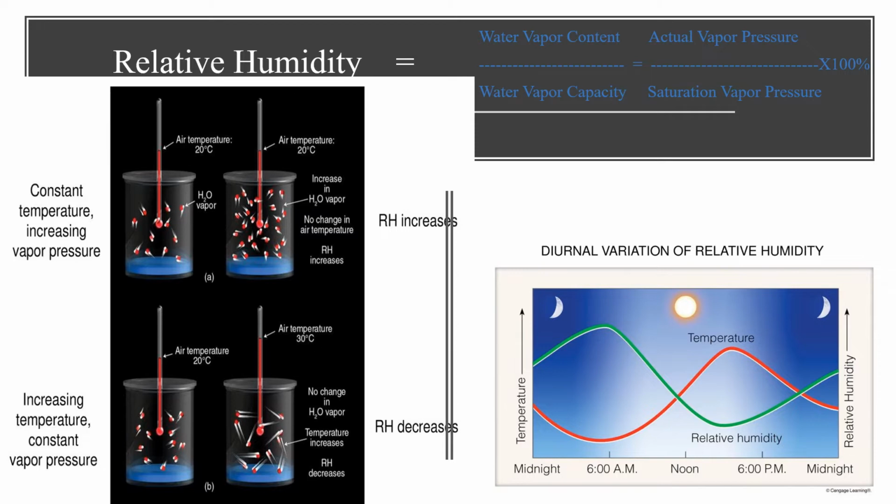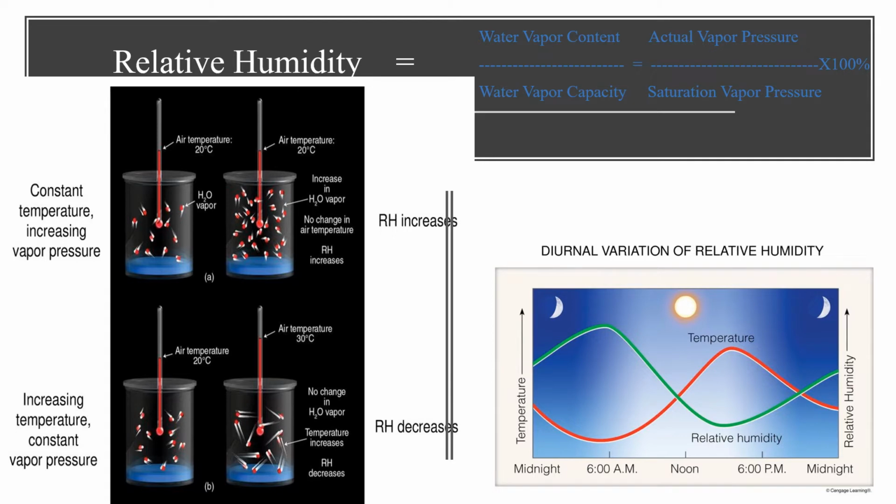The concept of relative humidity may at first seem confusing because it does not indicate the actual amount of water vapor in the air. Instead, it tells us how close the air is to being saturated. This is the main thing here.